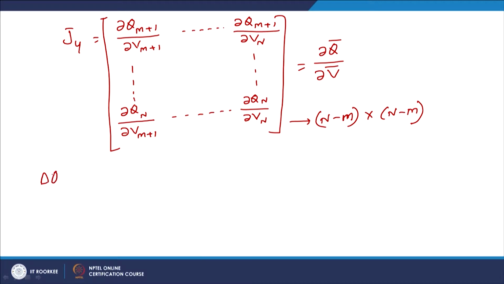Now, what is the delta theta vector? The delta theta vector is delta theta 2, delta theta 3, up to delta theta n, transpose. So, it is an n minus 1 cross 1 vector. What is the delta V vector?